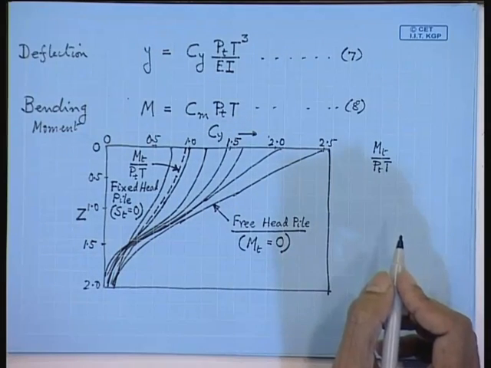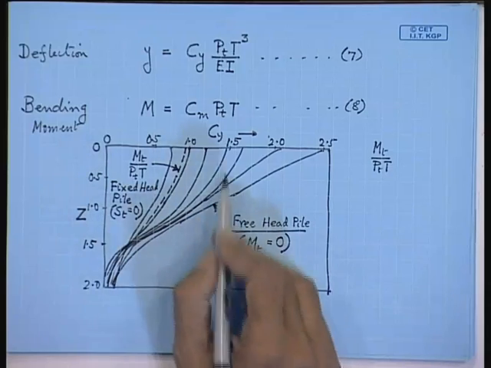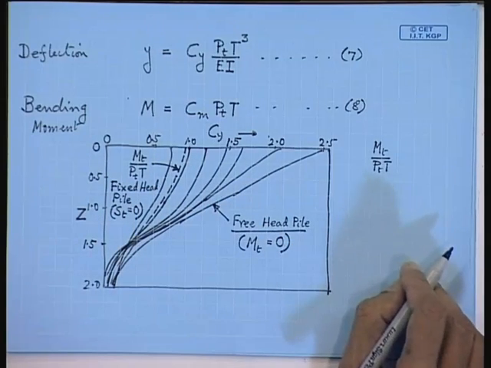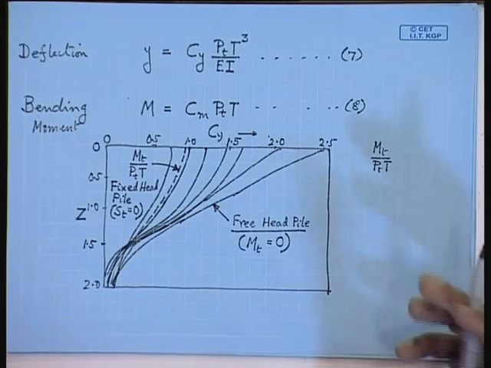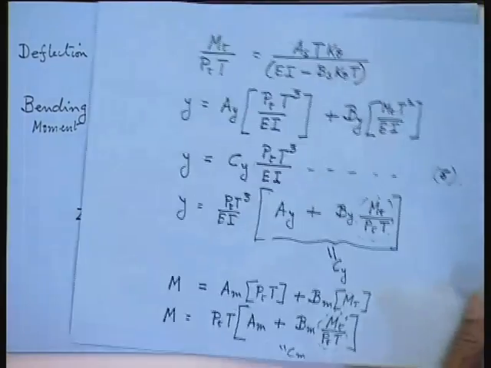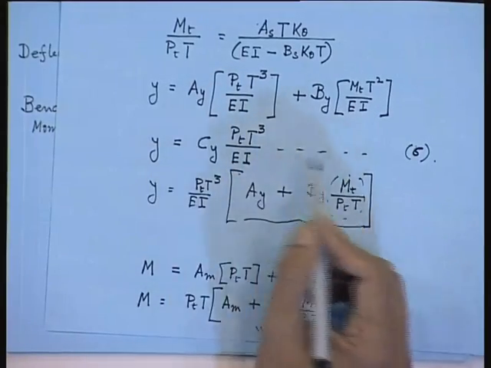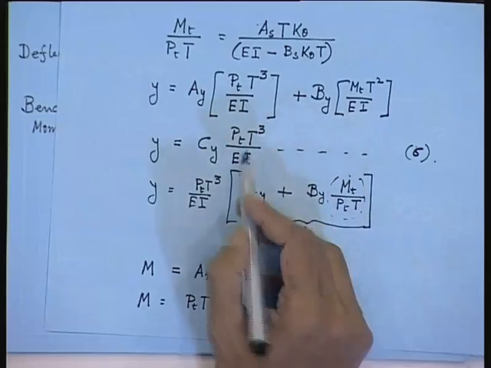Now, in between you have to find out for these values of MT by PT at a particular depth your CY value. Now, once you know CY, that means your deflection is known. So, this CY value, if you know, the PT, T values, all these other things are known, isn't it?